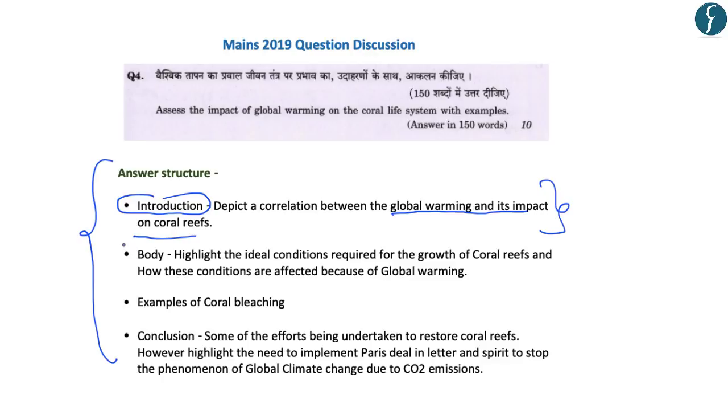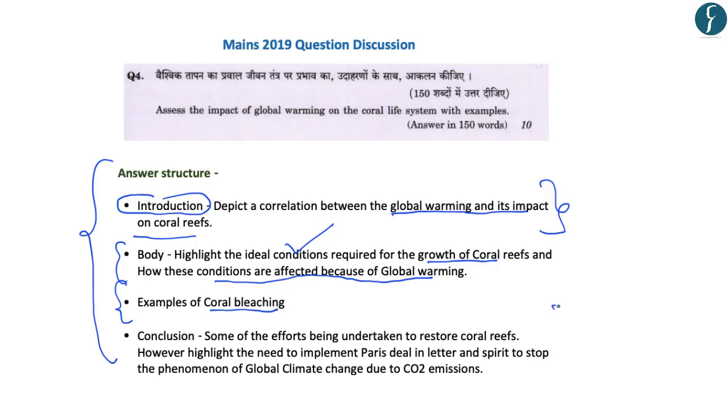Secondly, in the body of this answer, you could have highlighted the ideal conditions required for the growth of coral reefs and how these conditions are affected because of global warming. Besides this, you could have provided examples of coral bleaching across the world, and one of the important examples could have been the coral bleaching of the Great Barrier Reef.